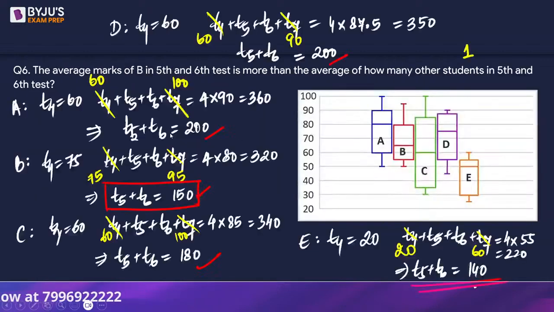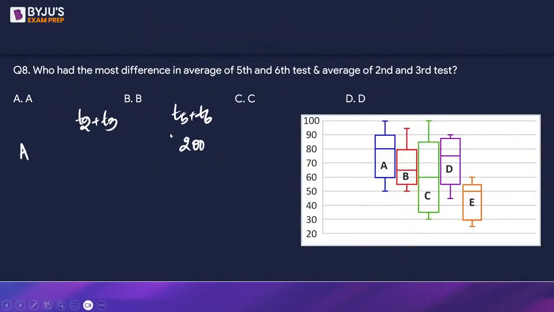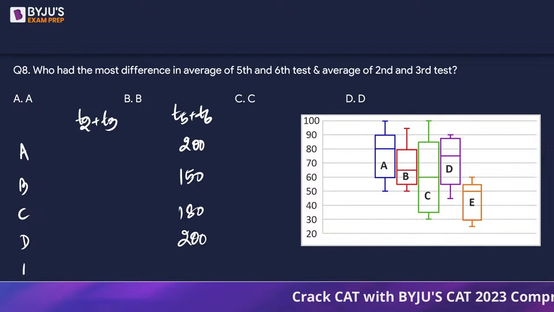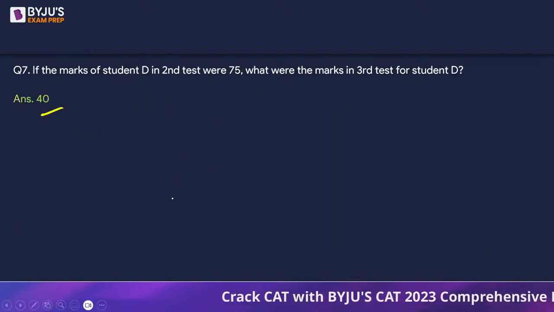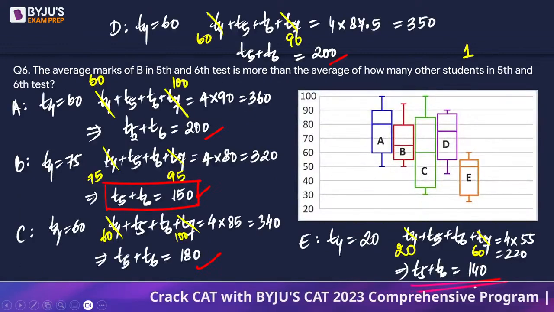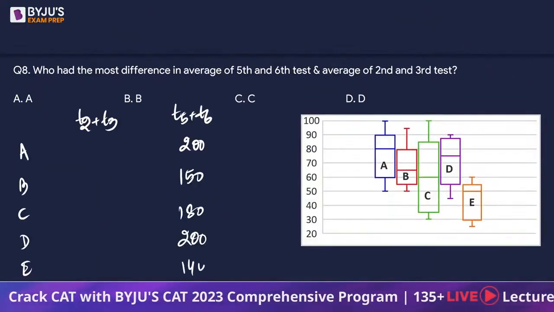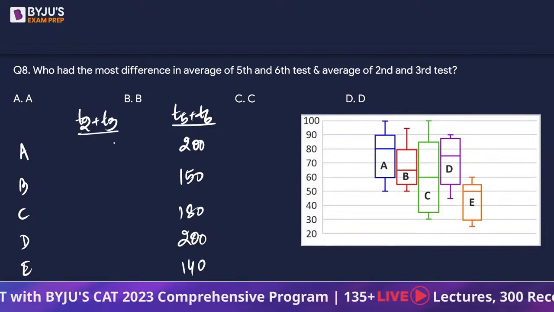And then for B, it was 150, 180. So this is B, this is C. As far as I remember, D was 200 and E was 140, right? Sum of the marks in T5 and T6.